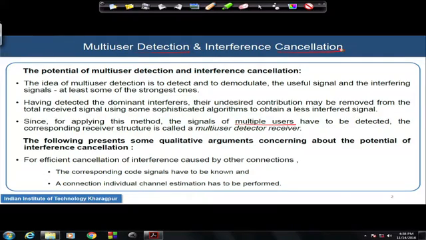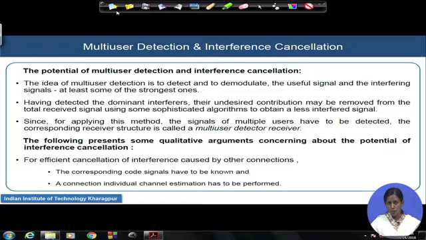These are the 2 important parts to keep in mind when dealing with a multi-user detector receiver. One is some a priori information about the code signals of your multiple users, where you are getting the maximum reflection and maximum interference. The codes used for all of the users you have to know. Also, some channel estimation needs to be performed, or you have to have some a priori information on the channel between you and those users.